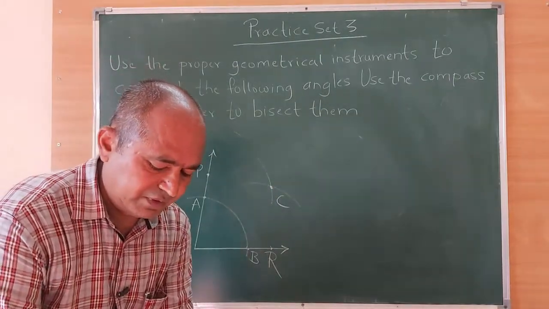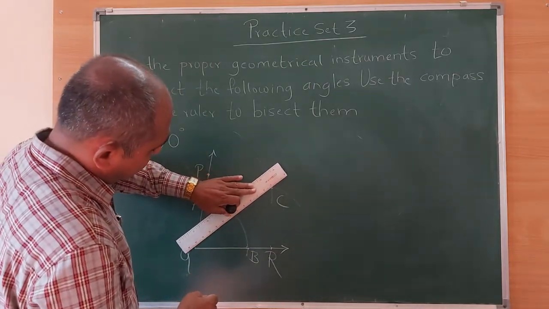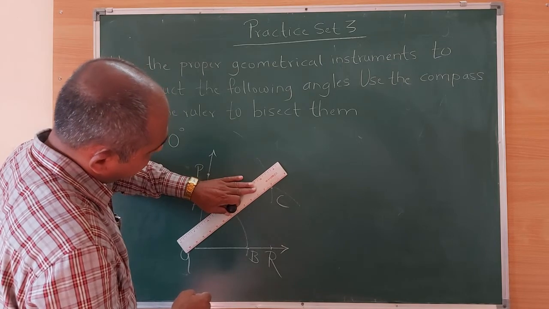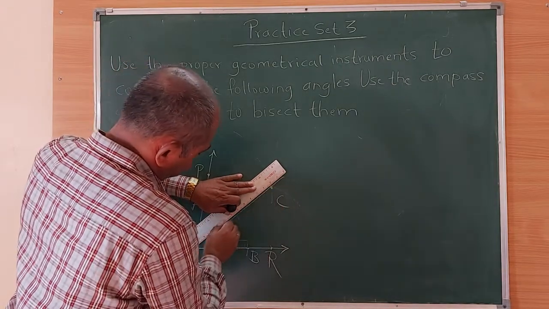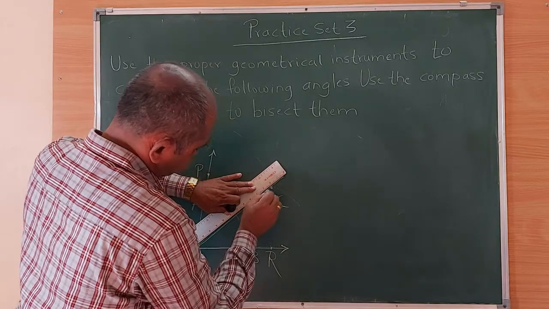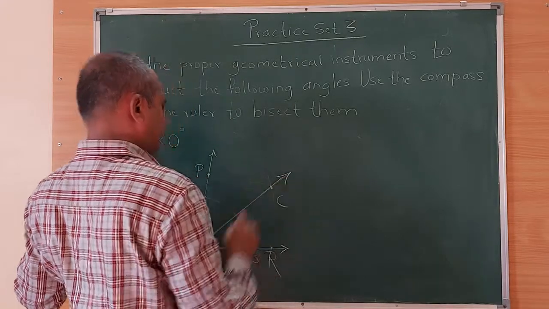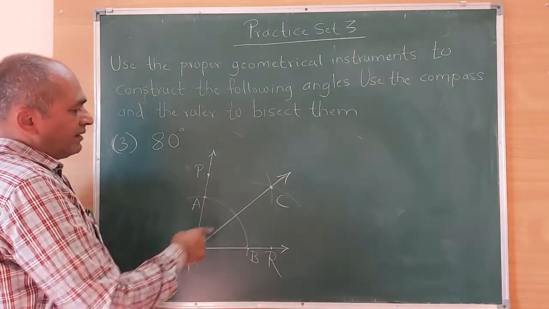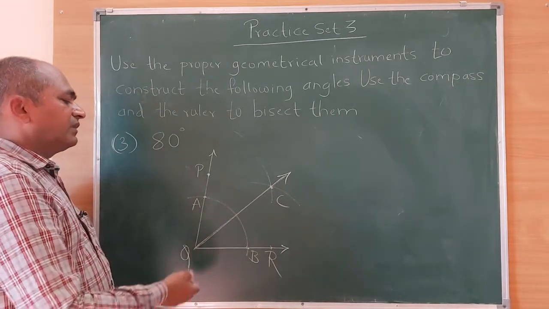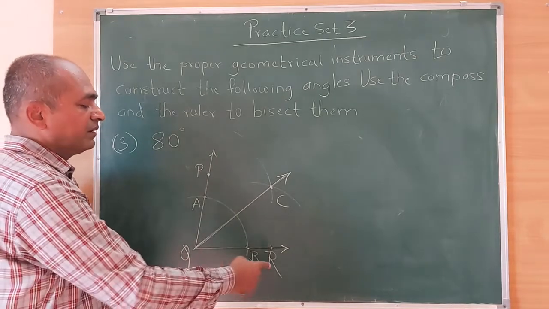Now taking a ruler, I'll join these 2 points, the vertex of the angle and the point C. So I got one ray here, ray QC, and ray QC is nothing but the angle bisector of angle PQR.